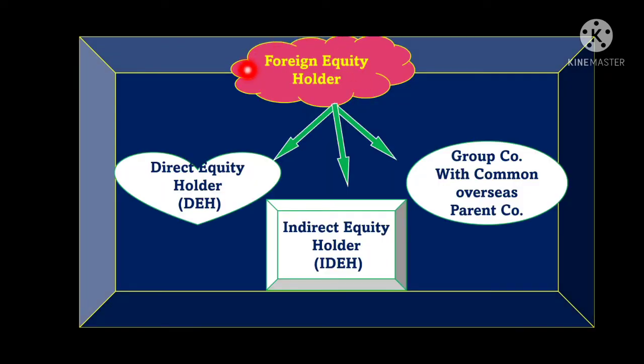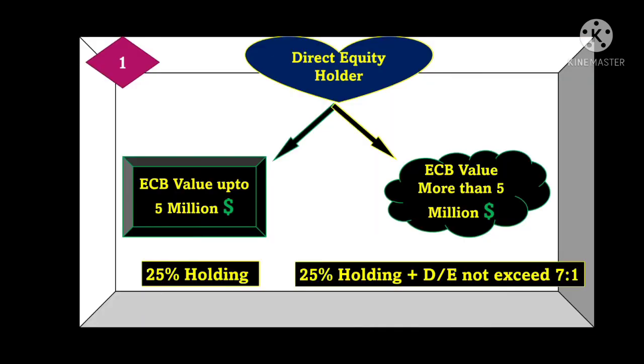Foreign equity holder is basically divided into three groups. One is the direct equity holder, another one is the indirect equity holder, and the third one is the group company with a common overseas parent company. Now what are these three? Let's discuss them in detail. First we will take up the direct equity holder.